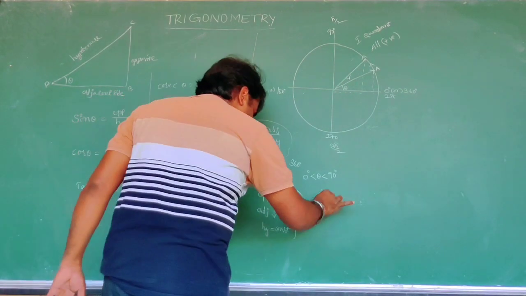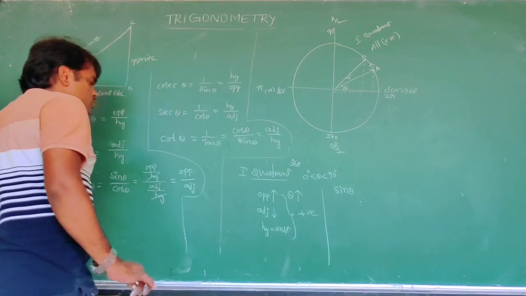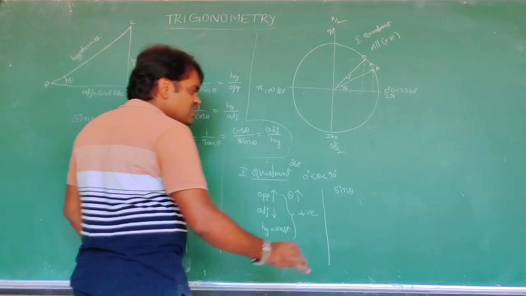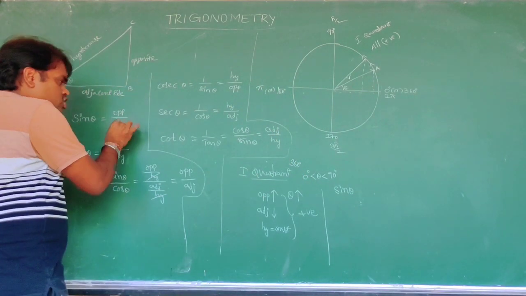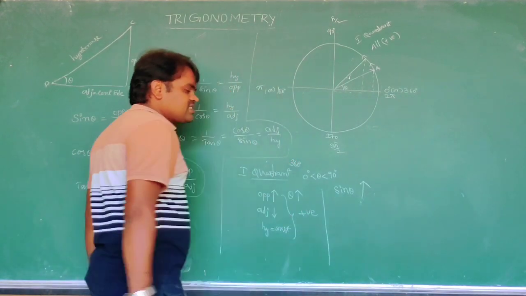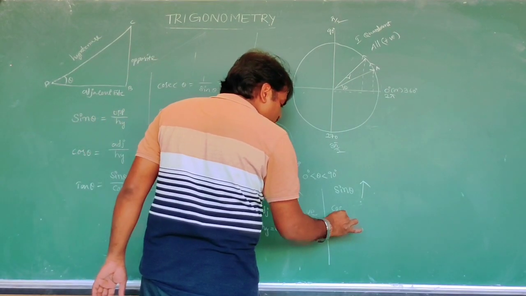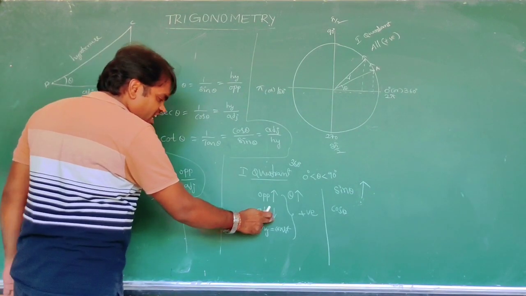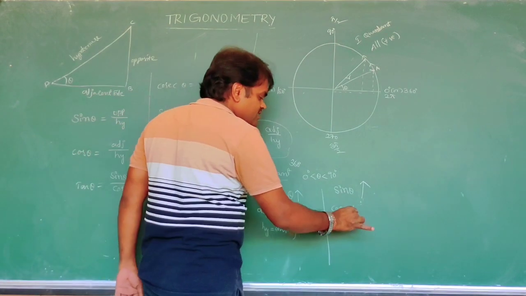But what about sin theta? The opposite side increases and the hypotenuse remains constant, so the sin theta value increases. Now cos theta: the adjacent side decreases, so cos theta decreases.